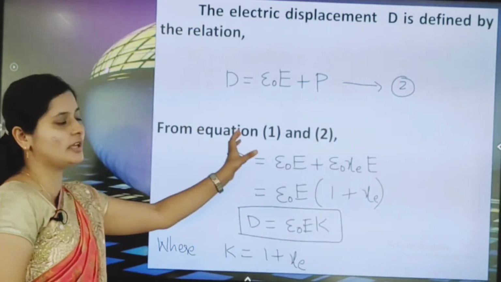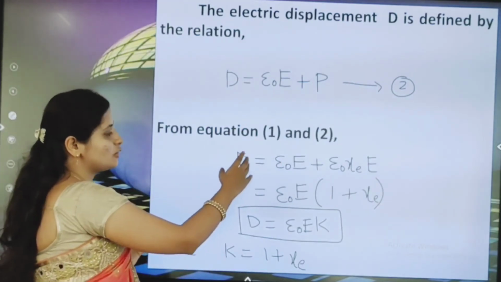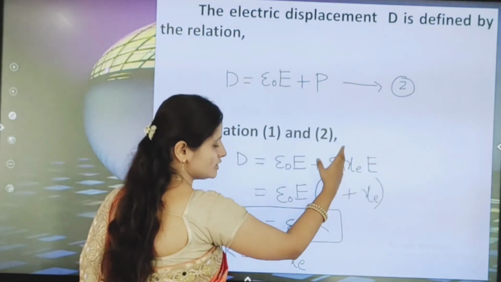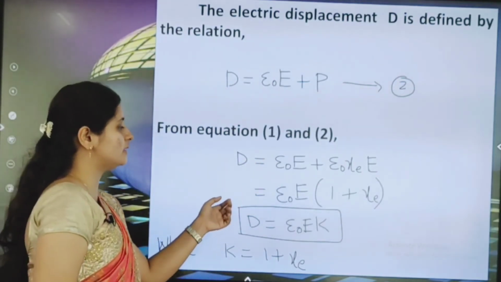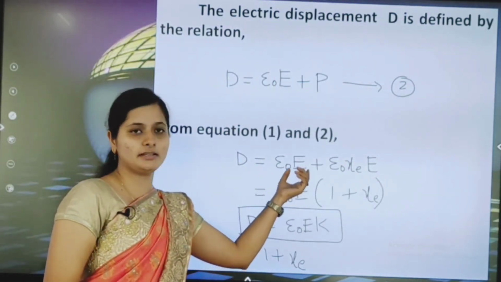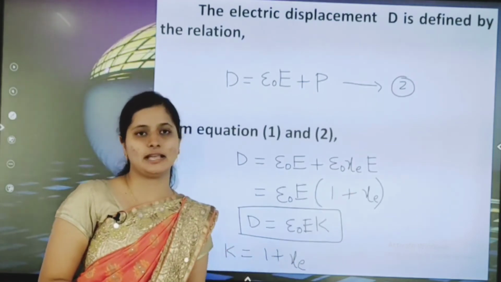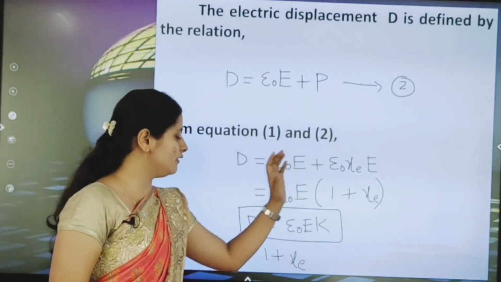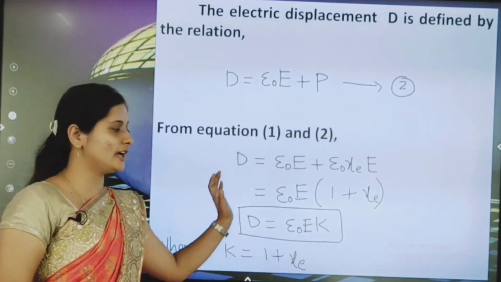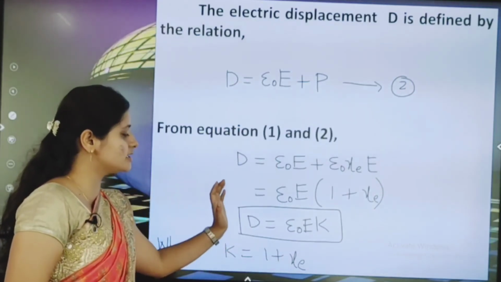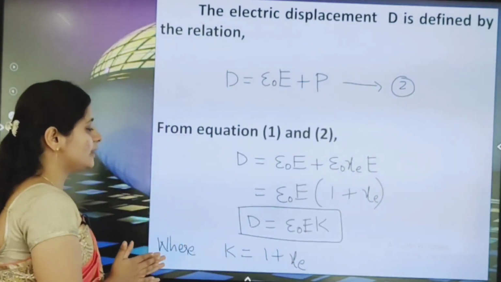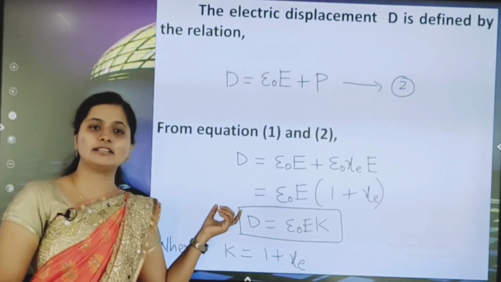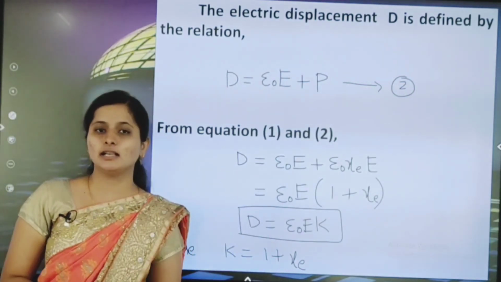From equation 1 and 2 we can write D is equal to epsilon naught E plus epsilon naught xi into E. Next, taking the common term, that is epsilon naught E into 1 plus xi. Next, 1 plus xi we are substituting as a k, and we can write the relation D is equal to epsilon naught E into k. Okay, this is the relation of the electric displacement and the electric susceptibility.